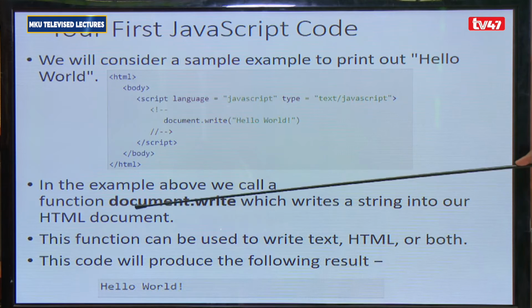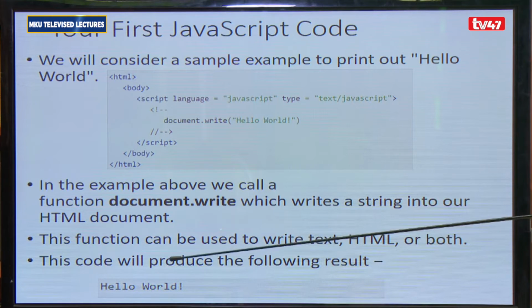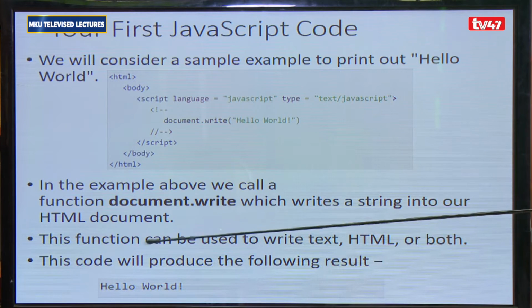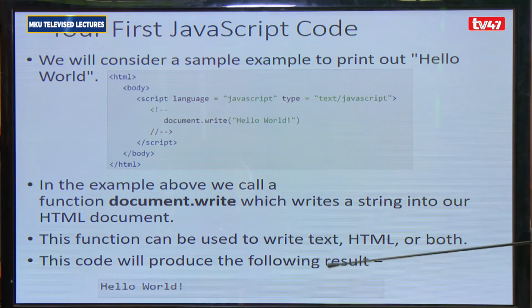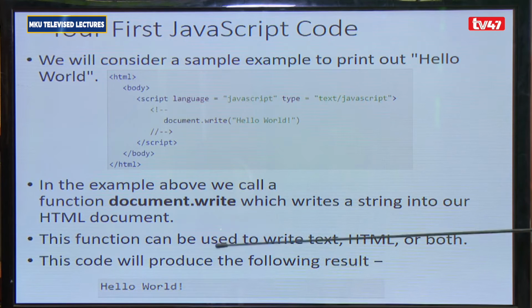We have a function called document.write that is used in JavaScript to write a string into your HTML document. This function can be used to write text, HTML, or both on the screen. Now, this code will produce what result? The output will be the words hello world on the screen.